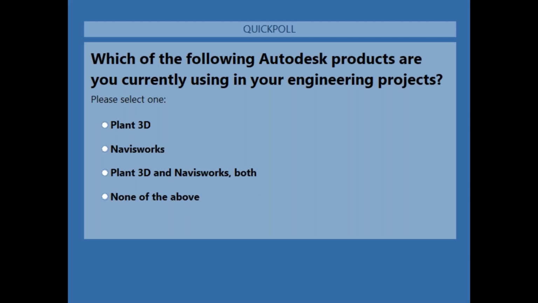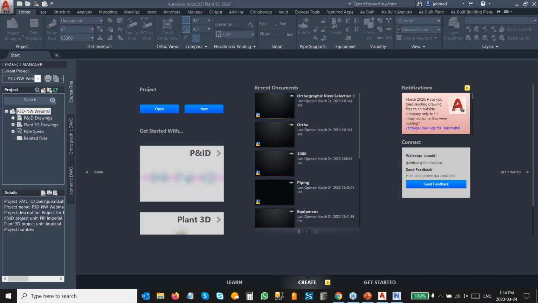I have received the responses, and it's great to see that the majority of the attendees are already using Plant 3D and Navisworks. So I'm going to close the poll now, and let's start the live demo.